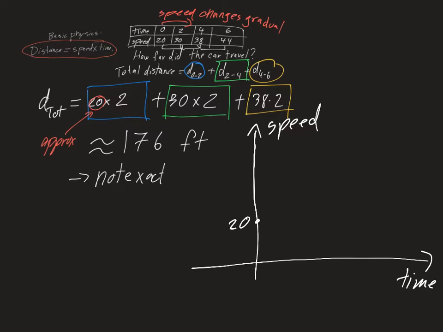We are told that at time 2, we are at a speed of 30. So let's see, that puts us about here. We are told that at time 4, we are at a speed of 38, which puts us, I guess, about here. And then at time 6, we are at a speed of 44, which puts us about here.